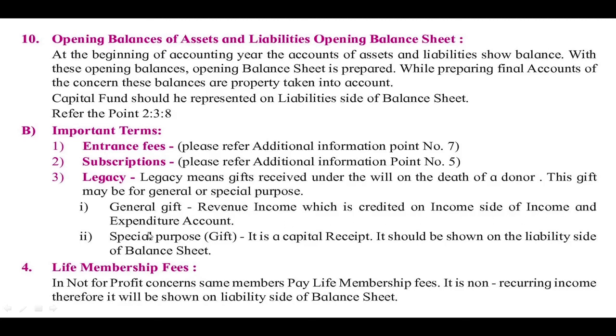But special purpose gifts are treated as capital receipts and they are recorded on the liability side. Then life membership fees. Now this is non-recurring in nature, so that is why it is recorded on the liability side. It is not treated as revenue income.